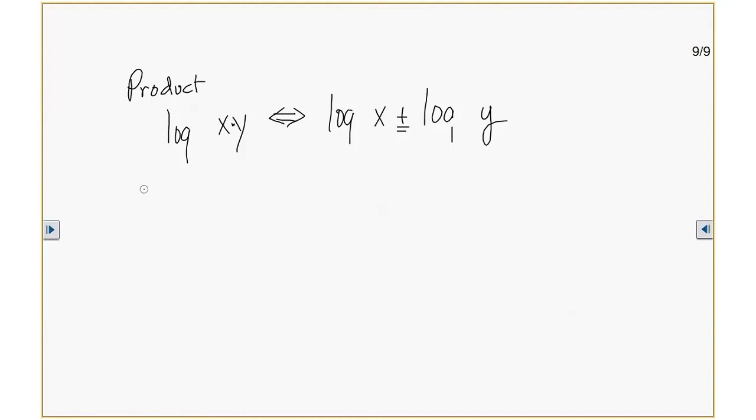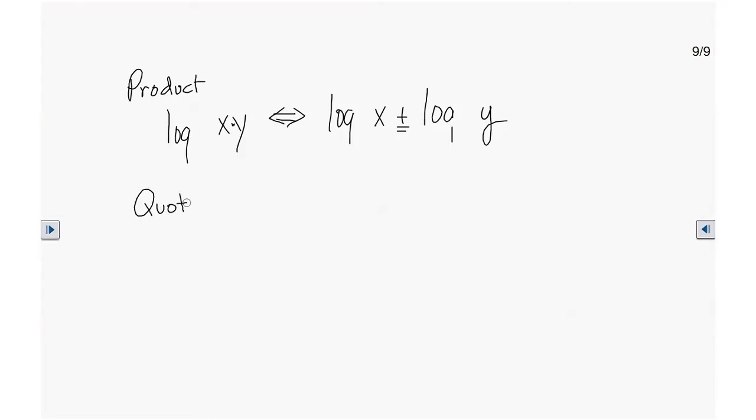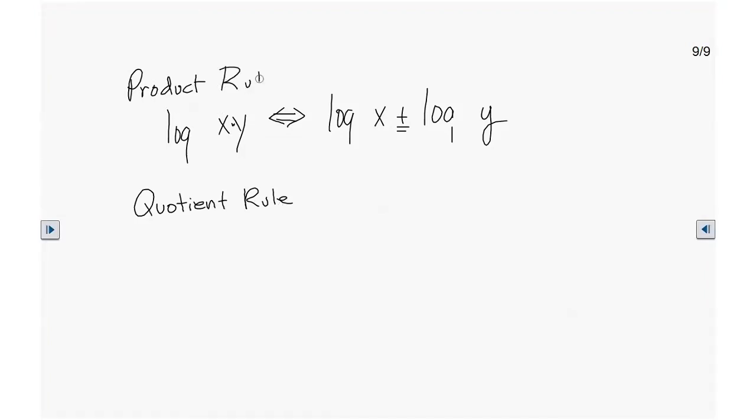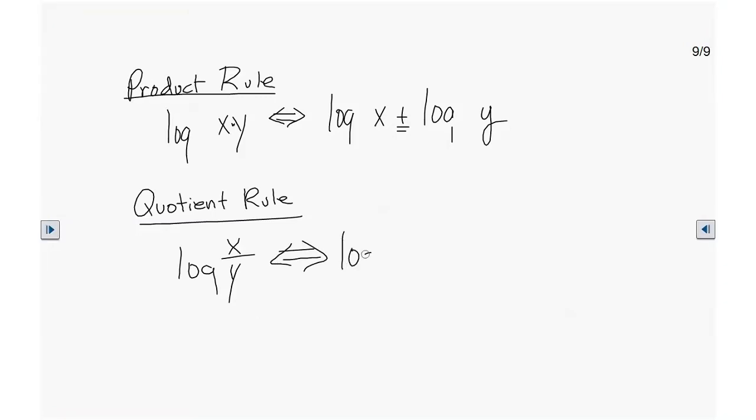The quotient rule. Log of x over y yields log of x minus the log of y.